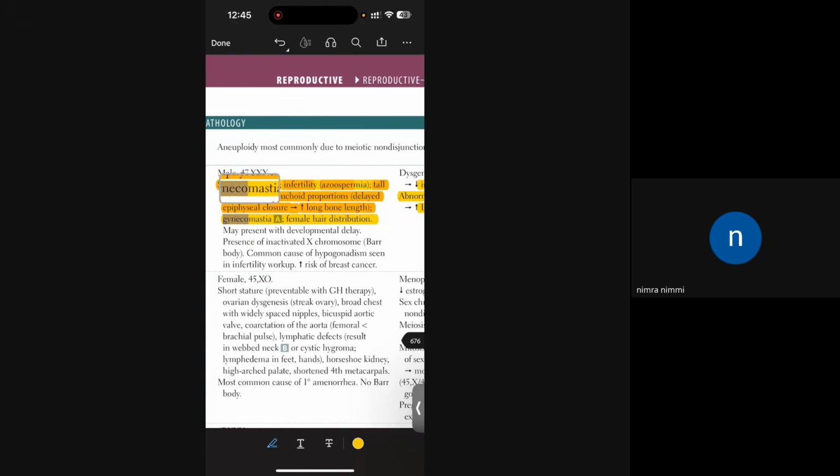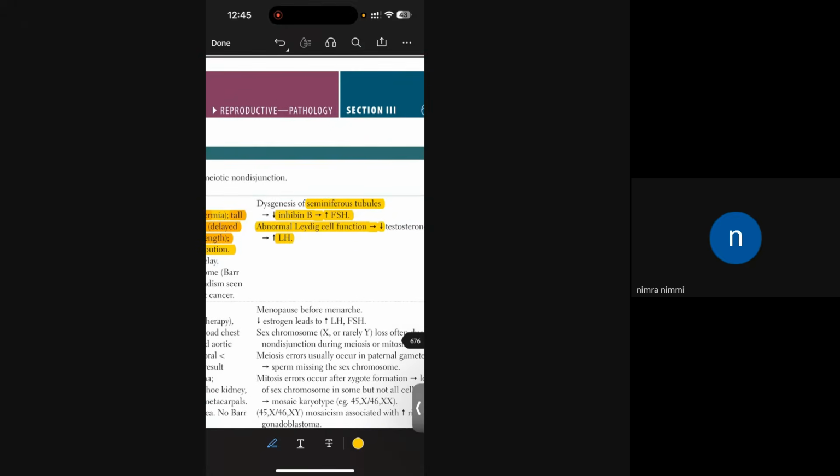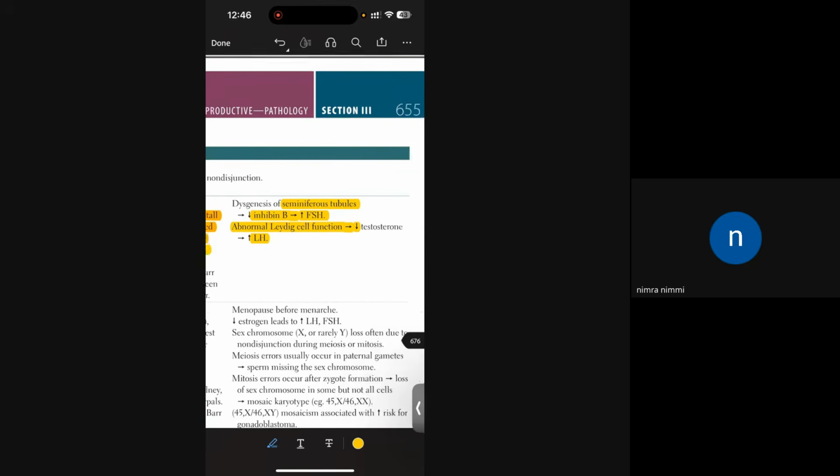Bilateral gynecomastia. All of these findings are present, so the diagnosis in our patient is Klinefelter syndrome.